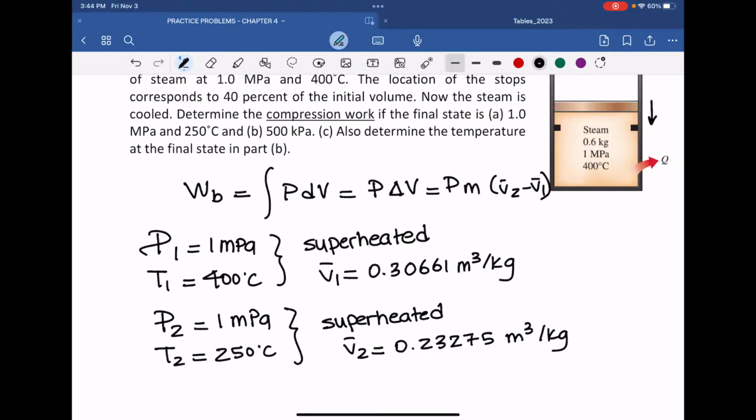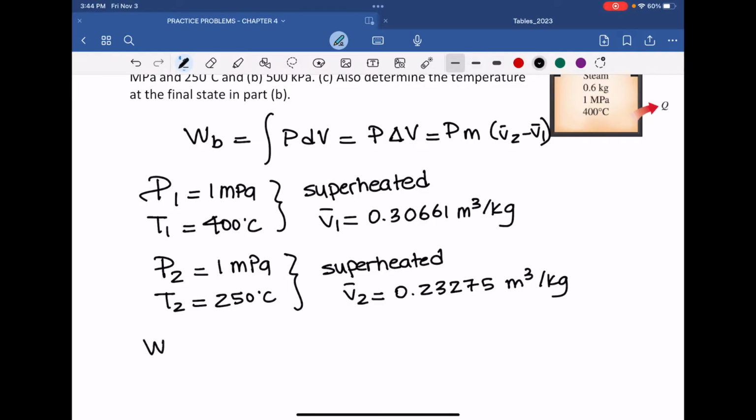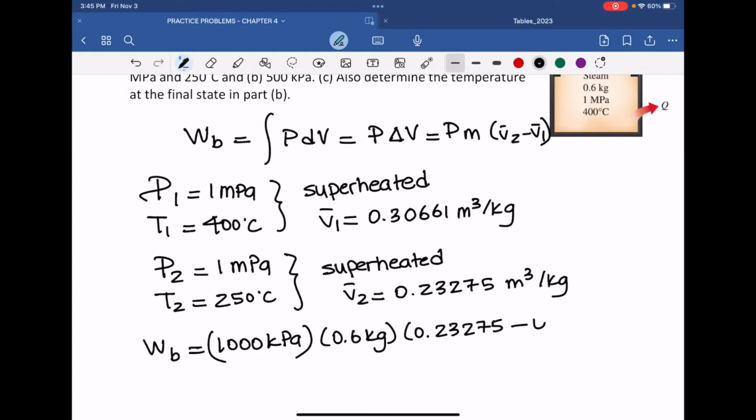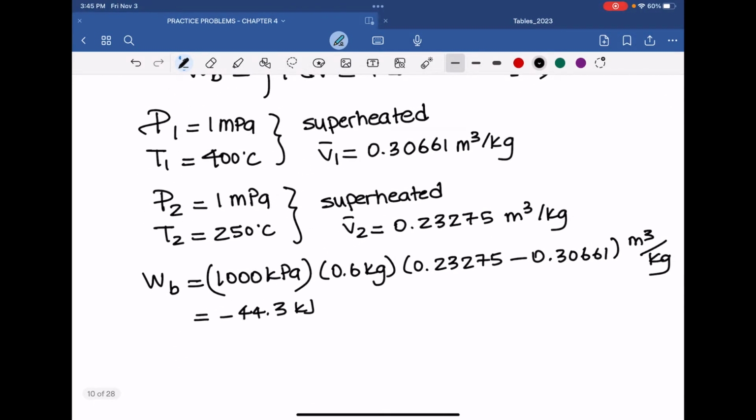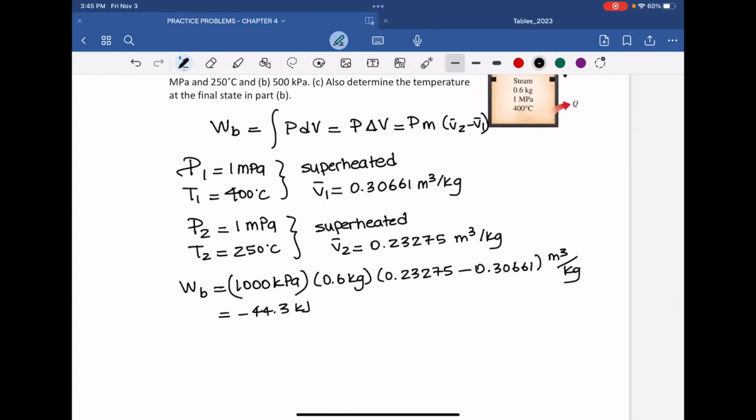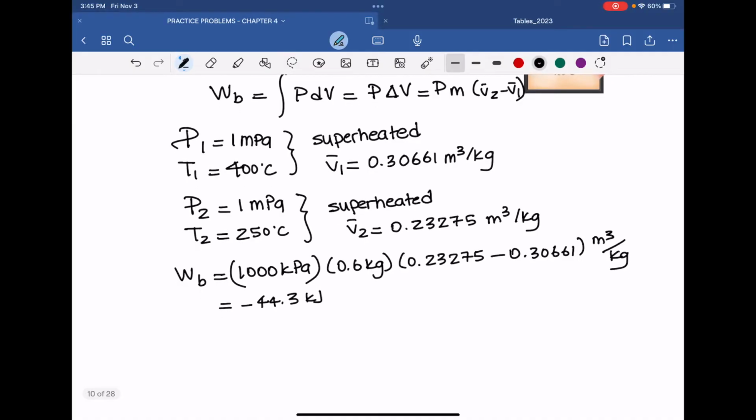Now all we have to do is calculate the boundary work. So remember, the negative sign is just because we have compression. So it is work in actually.